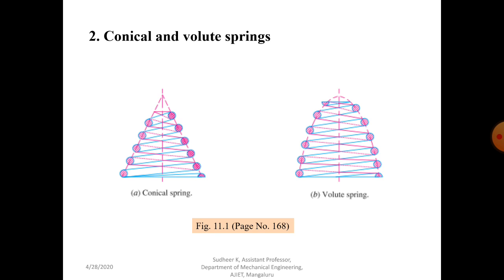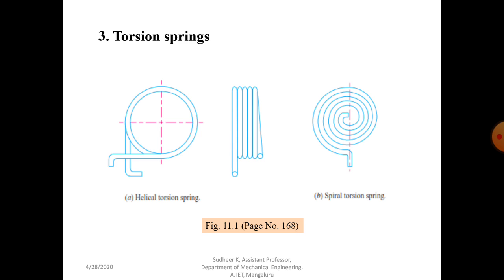We'll move forward to the third one, torsion spring. This spring may be helical, or we call it spiral. So there are two cases: helical torsion spring and spiral torsion spring.